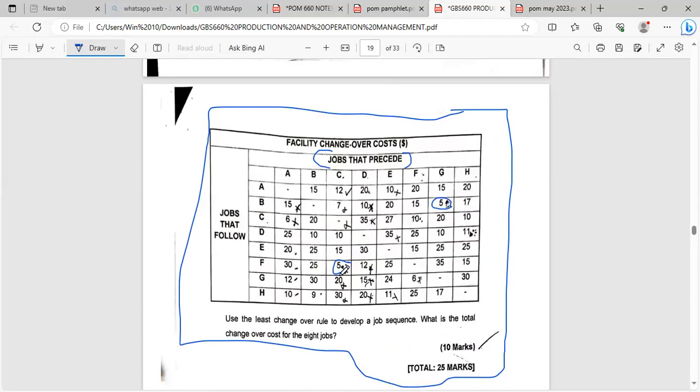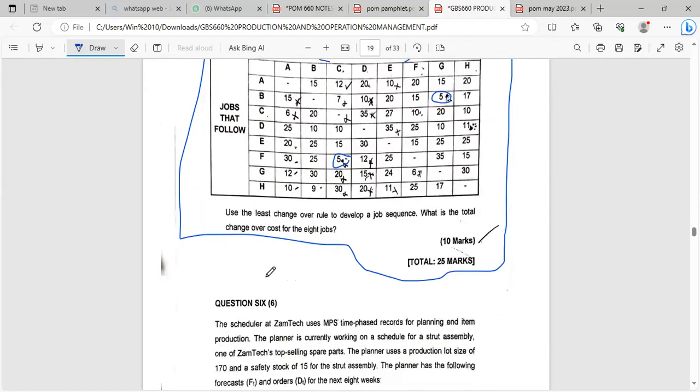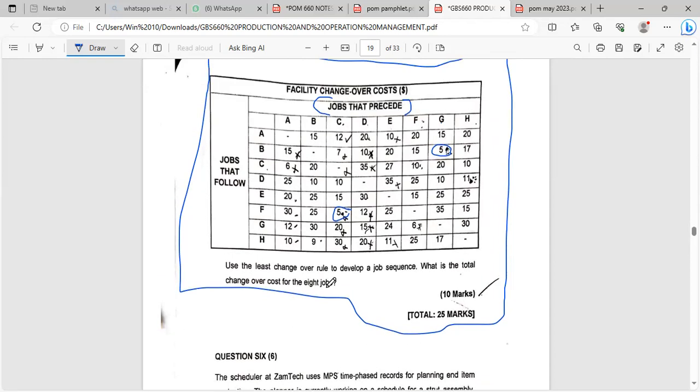So if we start with this 5 here, I want people to participate. Are we together? Yes, we are following. You start with the smallest because you're trying to minimize your expenditure, your costs. I mentioned that you can start with either C or G, where there's a 5.